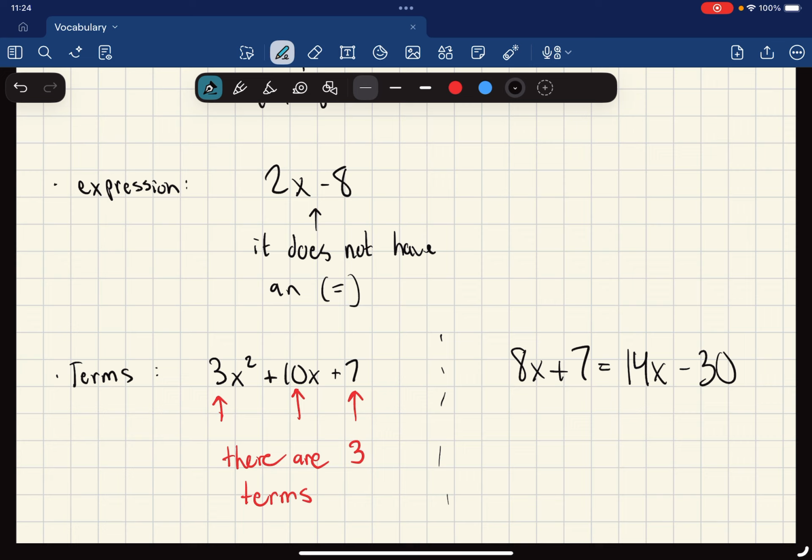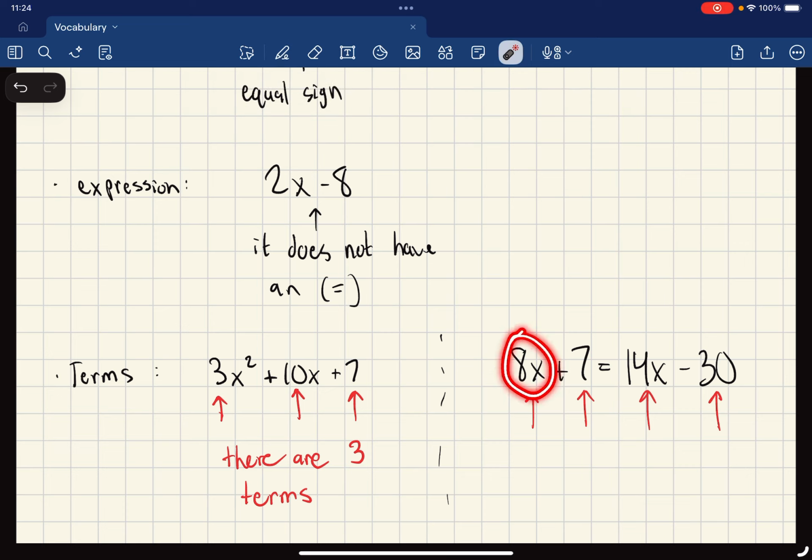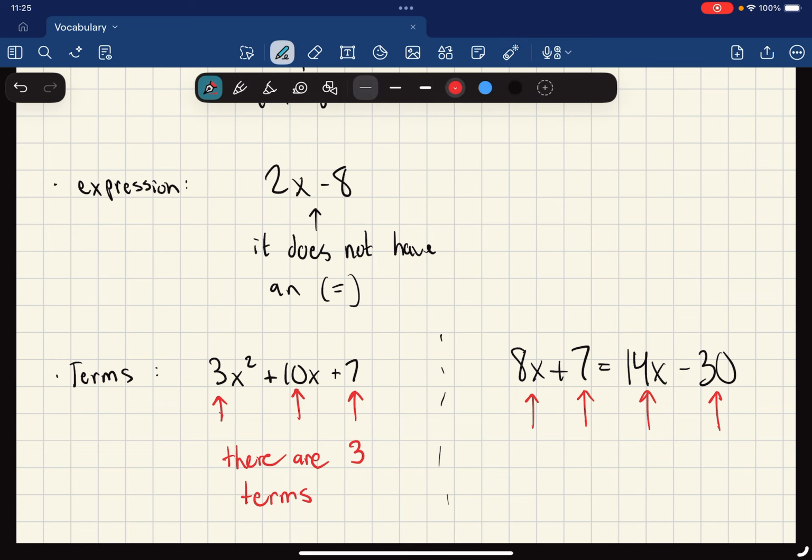If you can see here, there are 1, 2, 3, 4 terms. We can see that 8x is a term, 7 is a term, 14x is a term, and the 30 is a term. So we can write down that there are 4 terms for this equation right here.